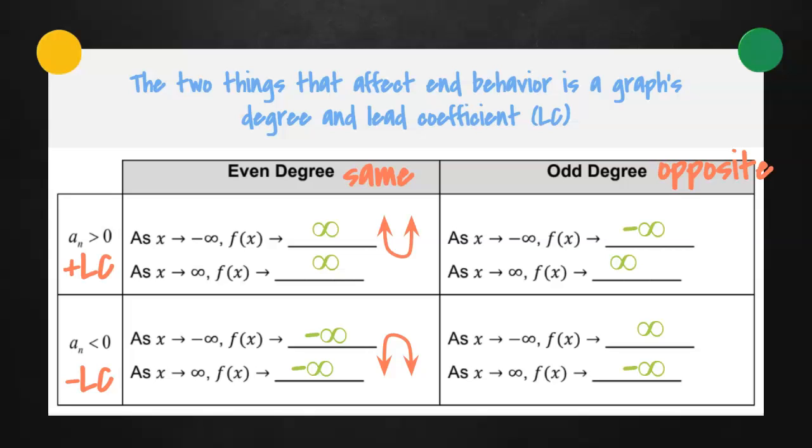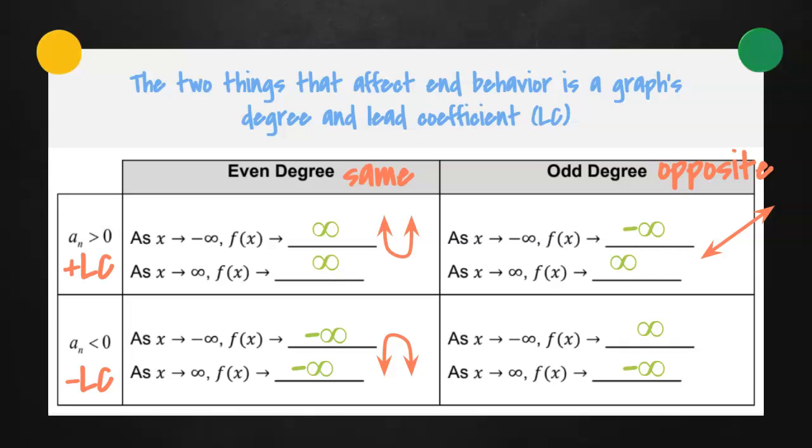So notice that both ends are pointing in the same direction for any even degree. Now, if I'm looking at an odd degree, notice that they are pointing in opposite directions. And if you have a positive lead coefficient, it's kind of like a line. Even though the shape might be a little bit different, the ends are behaving just as a line. And we are very familiar with how lines are, so hopefully you can use that as a basis to help you with any other type of odd degrees.